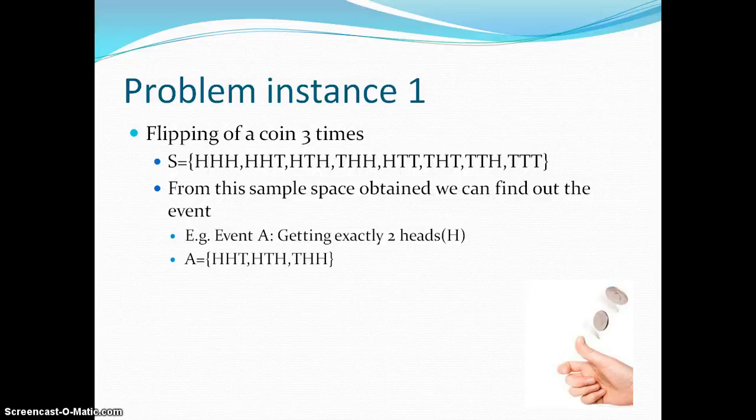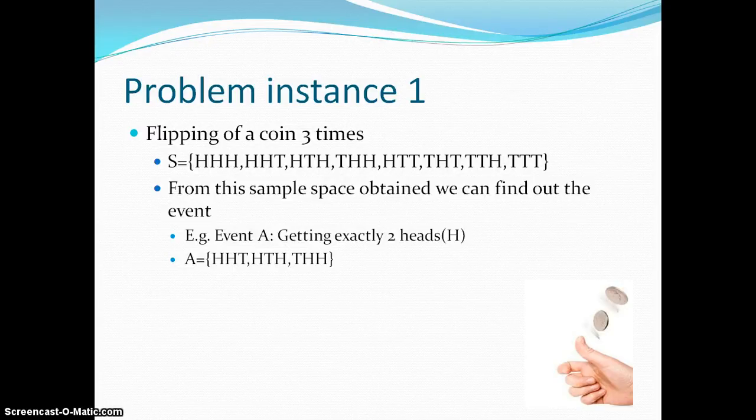Next we are going to consider the problem of flipping a coin 3 times. We are going to flip a coin 3 times and initially find the sample space, with heads and tails being the two faces of the coin.